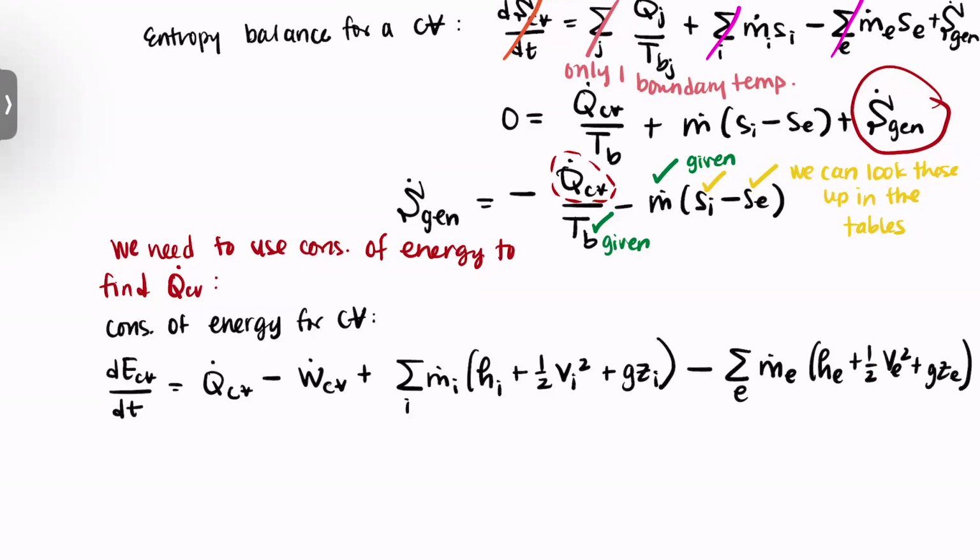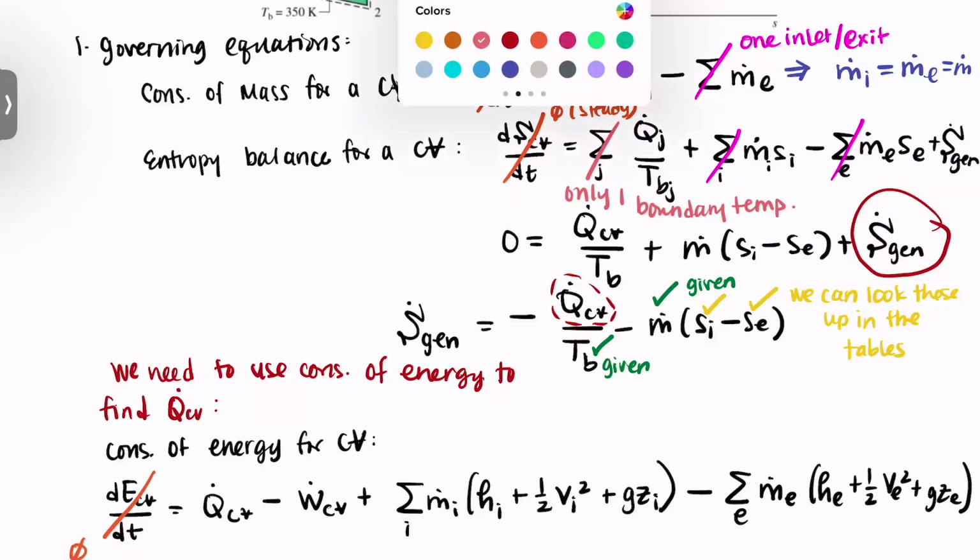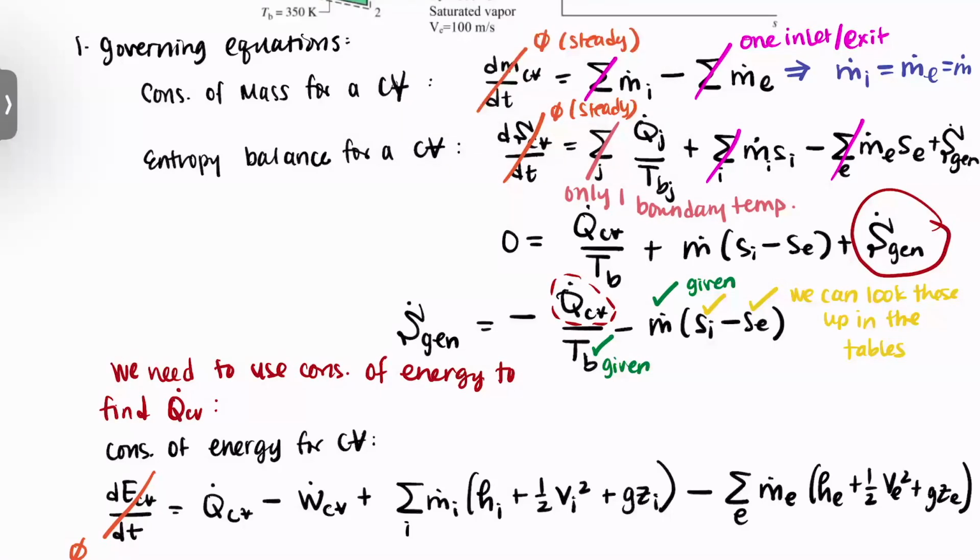Okay, so first thing we want to do is simplify this thing just like how we did for our conservation of mass and our entropy balance. First things first, we have a steady system, so this term goes to 0. We also have one inlet and one exit, so I will get rid of these sums.